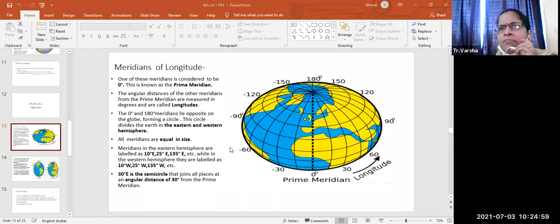All meridians are equal in size. As we had parallels in equal size, meridians will also be of equal size.